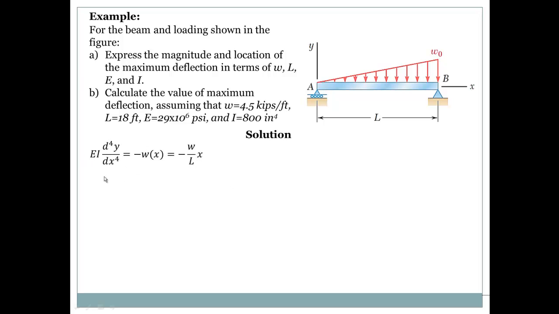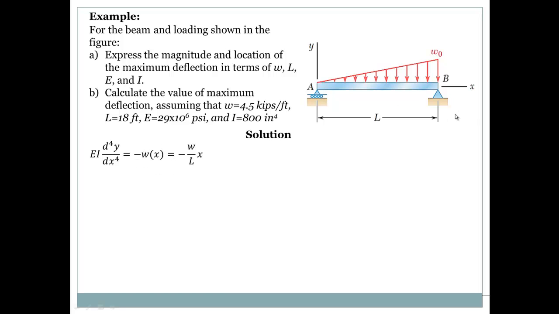To start, we need to write the fourth order linear differential equation: EI times the fourth derivative with respect to x equals minus w(x). So what is the equation of w(x)?